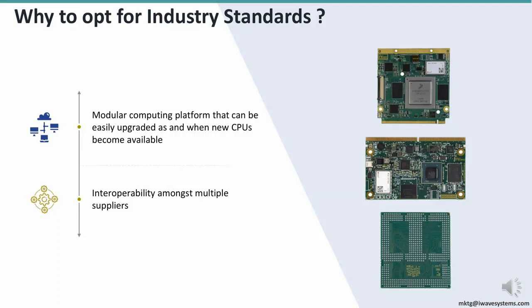And the second one is that you have a modular platform, so you're able to easily upgrade technology over technology, provided the complete carrier card design is taken care of. For example, you want to upgrade your gateway from an i.MX 6 to an i.MX 8. You're able to easily do that as long as your product is built on an industry standard specified module.